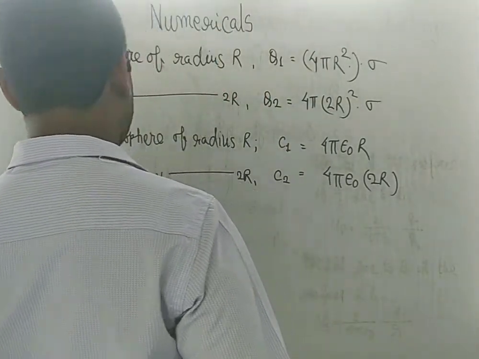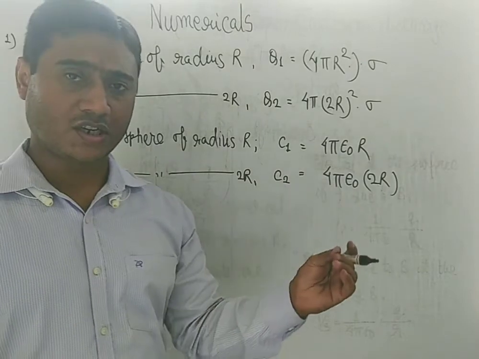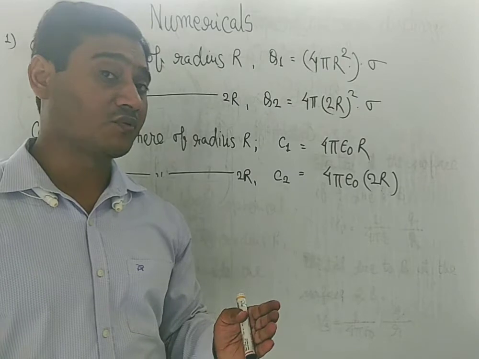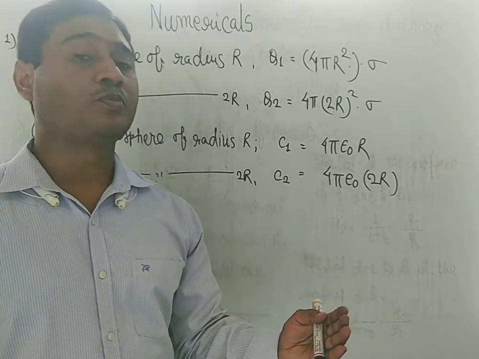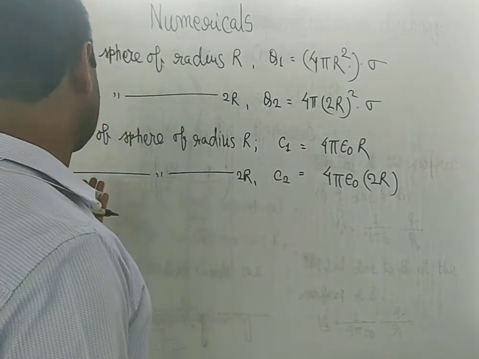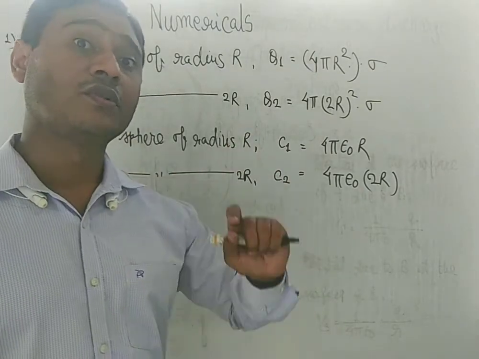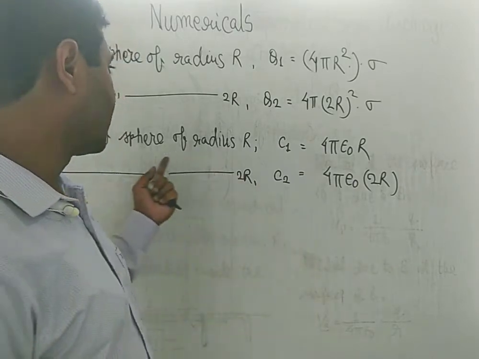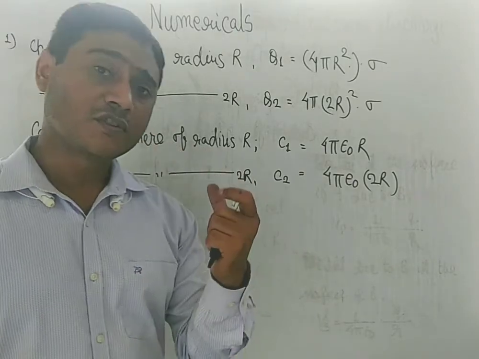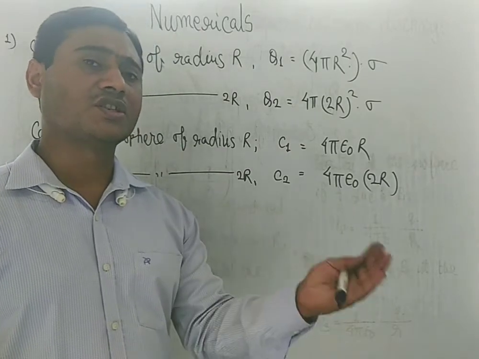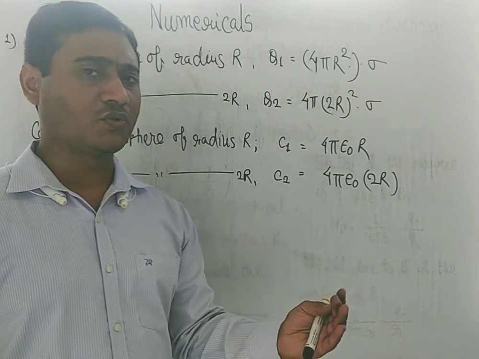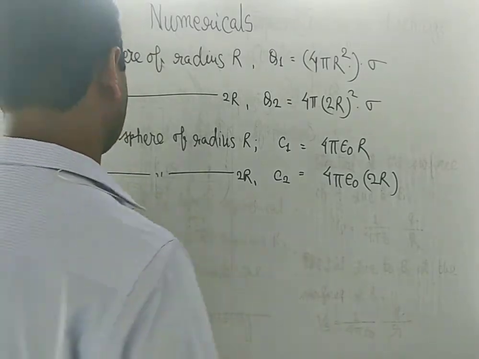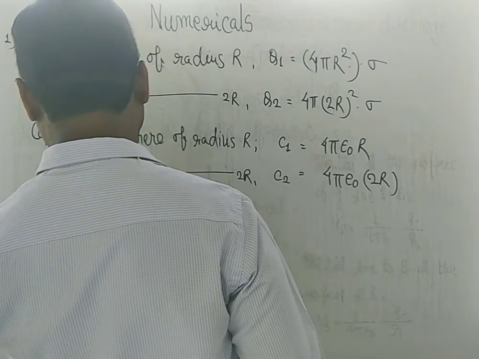When they are connected through the small thin connecting wire, the charges are transferred from the sphere of larger potential to the sphere of smaller potential, and this transfer of charge continues so long as they both are at common potential.